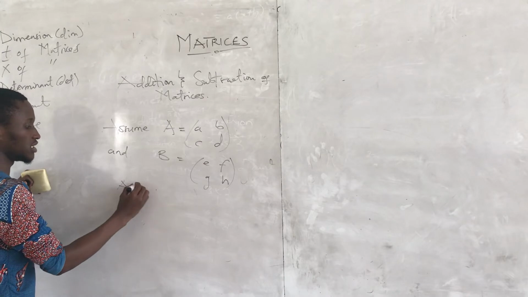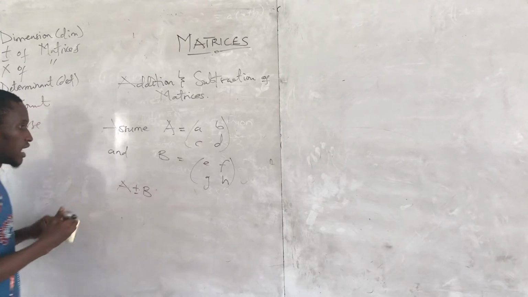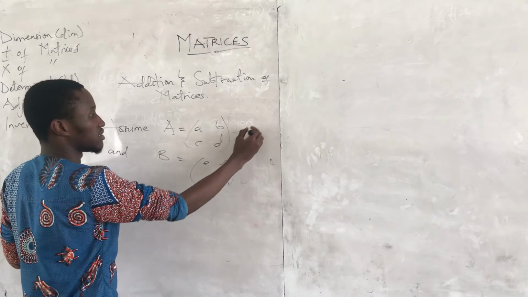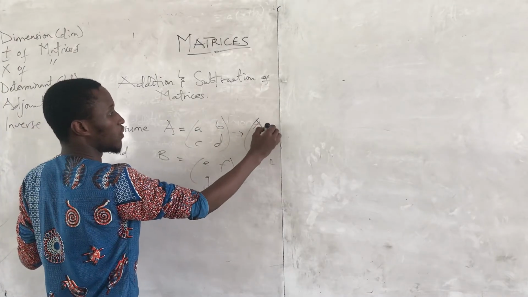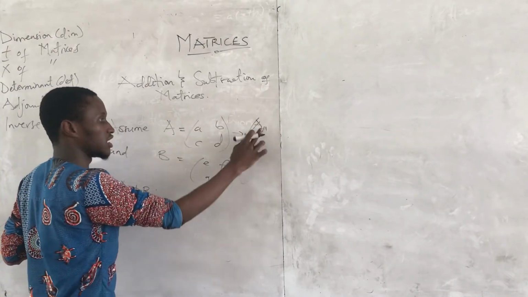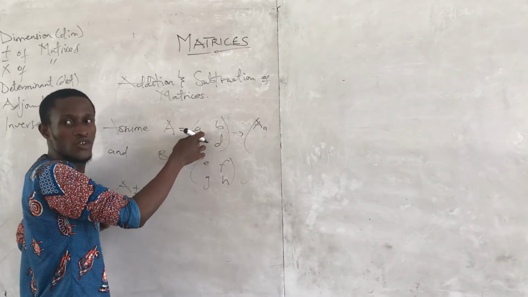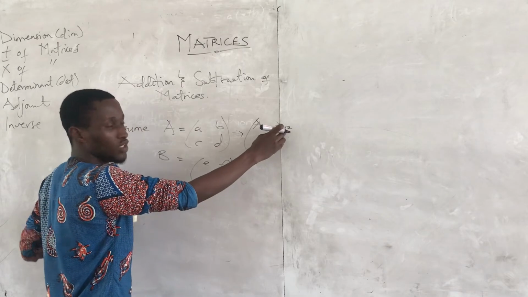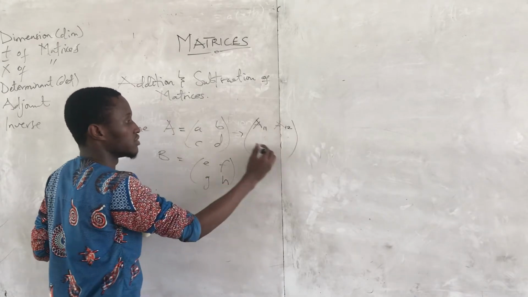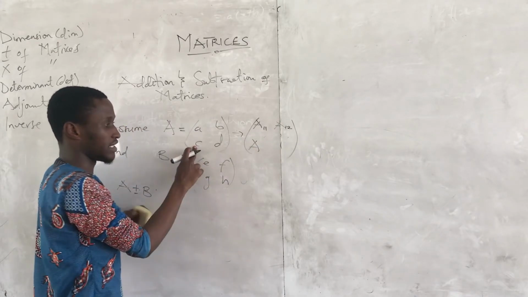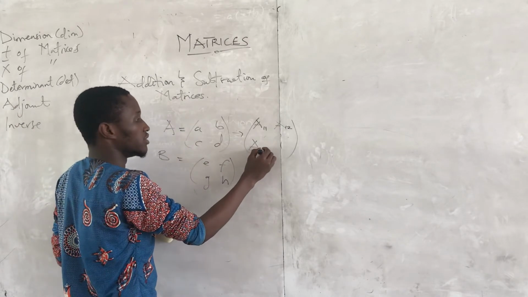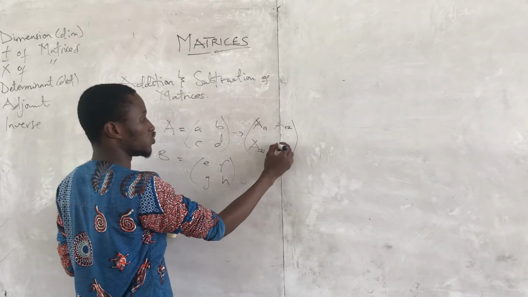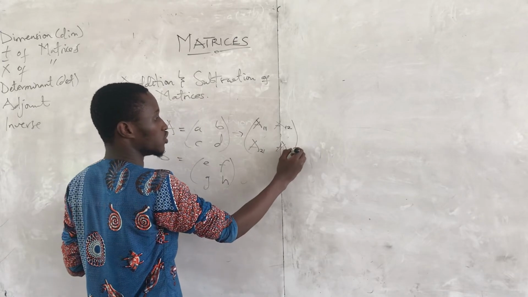So for addition and subtraction, this can be written as matrix A11. The A11 signifies first row, first column. Then A12 will be first row, second column. This will be the second row, so it will be second row, first column. And this will be second row, second column.